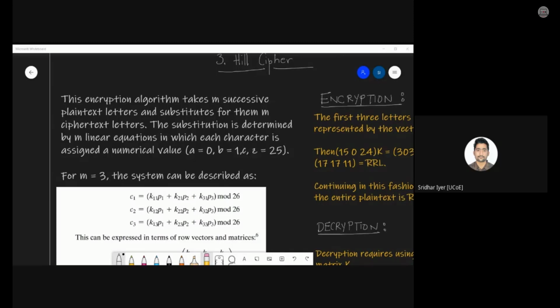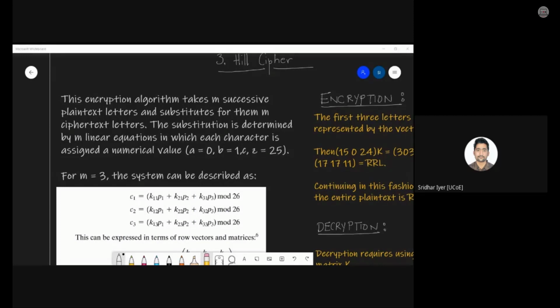Am I clear? Yes or no? Yes, fine. So if M is equal to 3, the length of the plaintext is 3, then we need 3 corresponding ciphertext letters, which will be substituted in place of that plaintext.